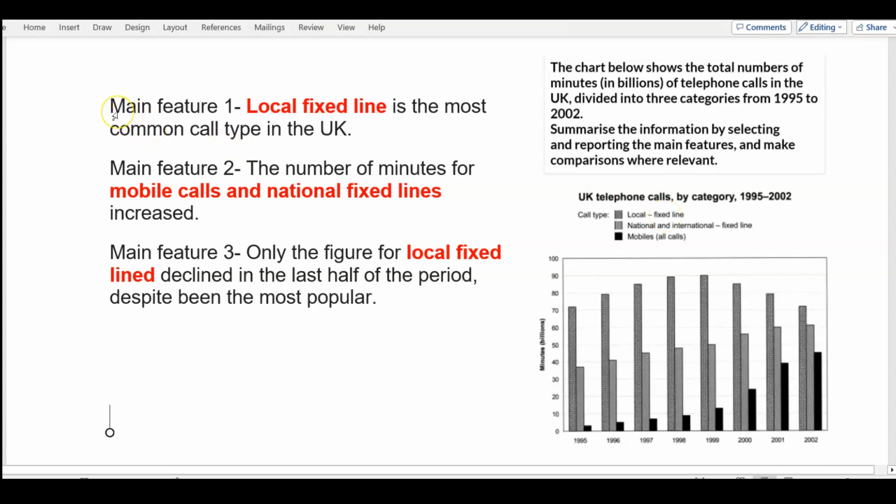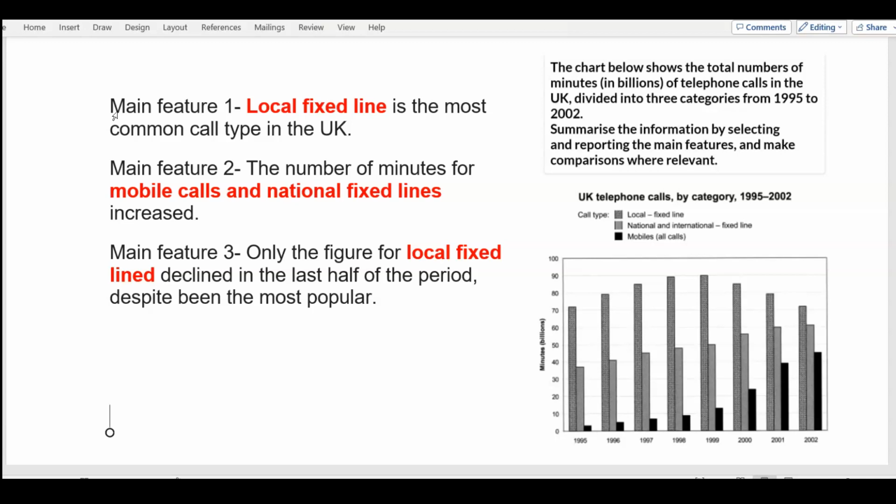Remember, this is the planning stage. So you write these things down and you can use them to write your overview and also explain it further in the body paragraph.